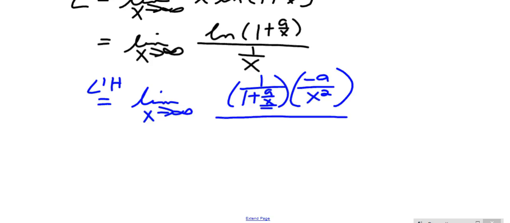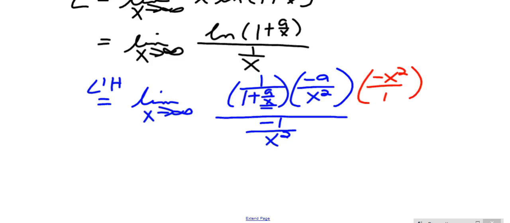The derivative of the denominator is negative 1 over x squared. So you have to take each numerator's and denominator's derivative. And then I'm going to simplify this by multiplying by the reciprocal. So I really have negative x squared over 1.